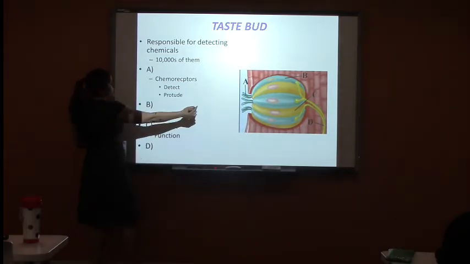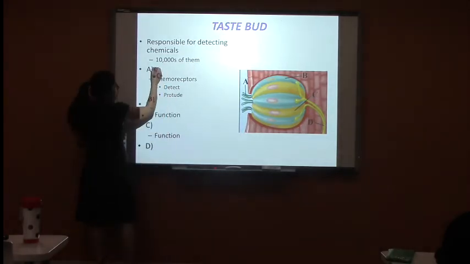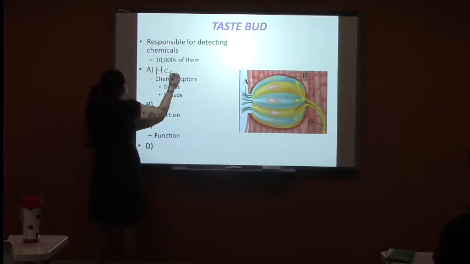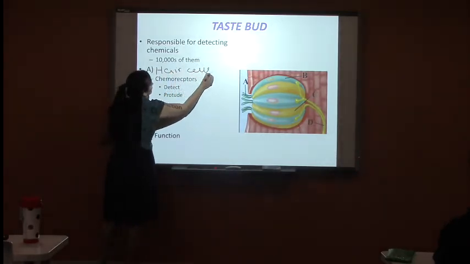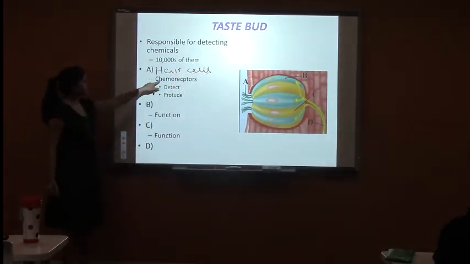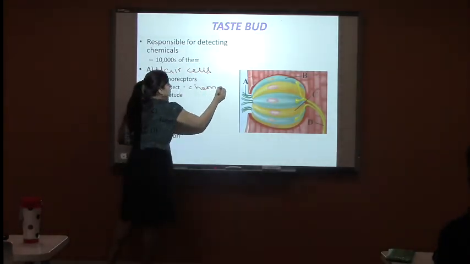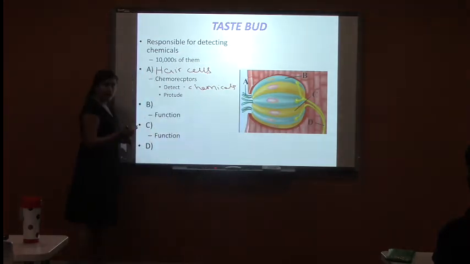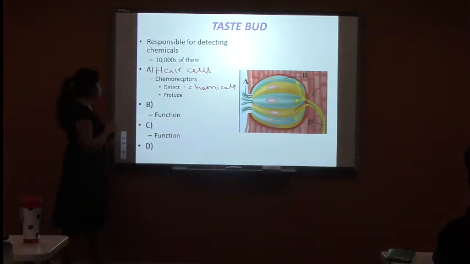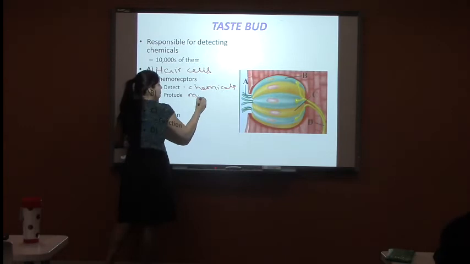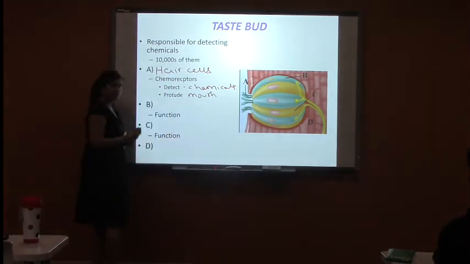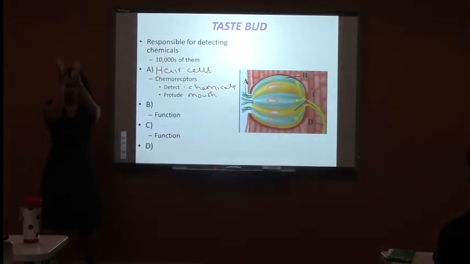A, which are protruding into the mouth, are actually hair cells. Okay? Which are chemoreceptors. Therefore, they detect chemicals in food and in drinks. They protrude into the mouth. Okay? So they're in the tongue protruding outward. This was their dendrites? Yes.